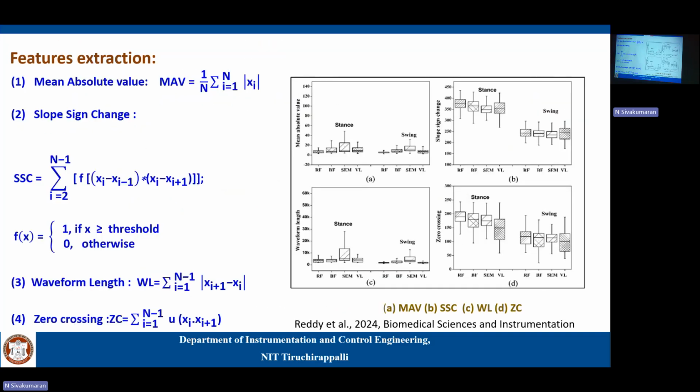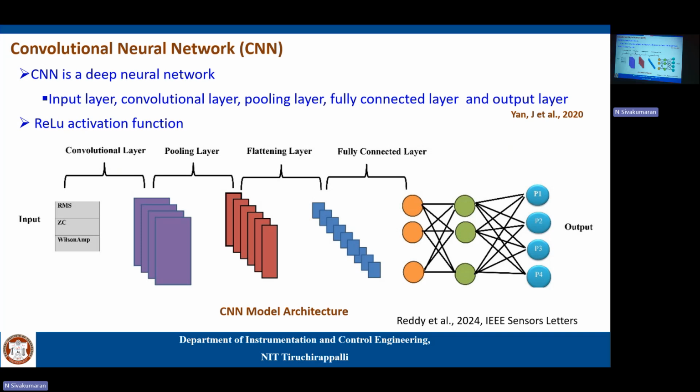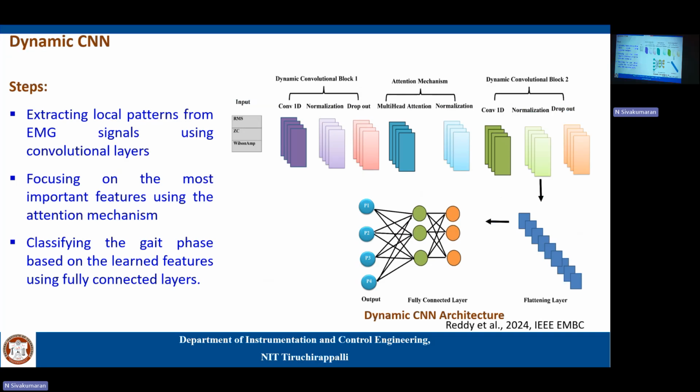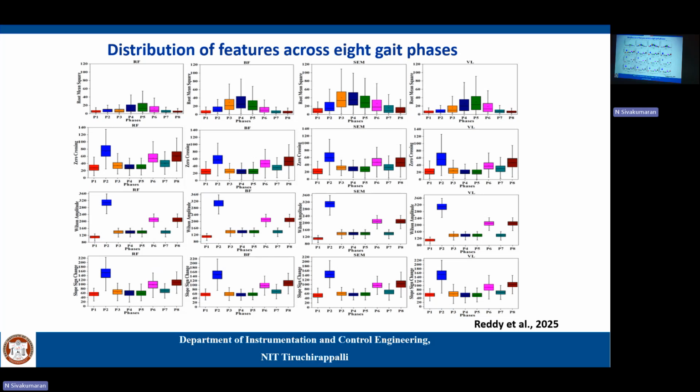We also tried to do some modeling. We used deep learning concepts. Most of you know about CNN, and we made little changes in CNN so that the accuracy and performance can be improved.